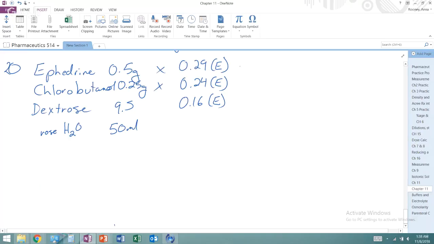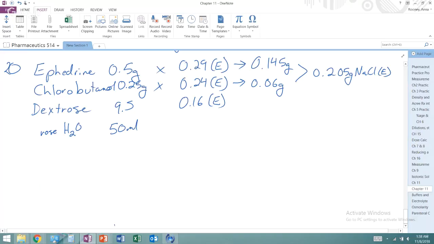So we find that this is 0.145 grams. This is 0.06 grams sodium chloride equivalents. And then you add these two together. That's 0.205 grams sodium chloride equivalents.